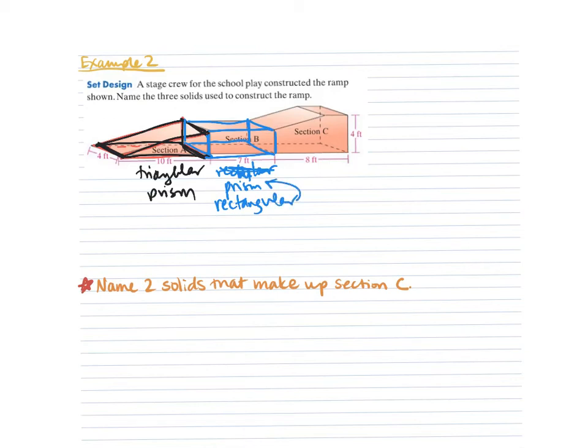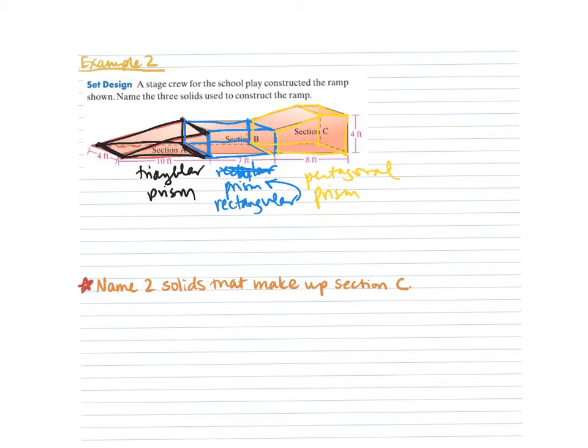Okay, and then this one here, 1, 2, 3, 4, 5. 1, 2, 3, 4, 5. Those are the 2 bases. They are pentagons, and they are congruent and parallel, and their vertices are connected. And so this is also a prism, and it's a pentagonal prism. So those are the 3 solids.